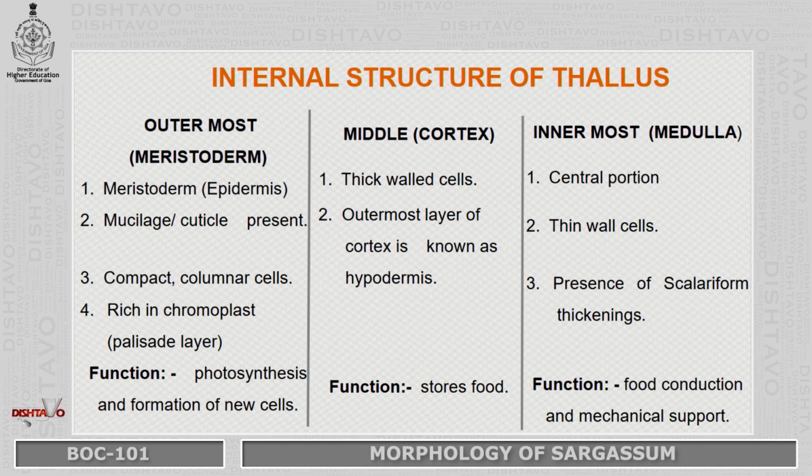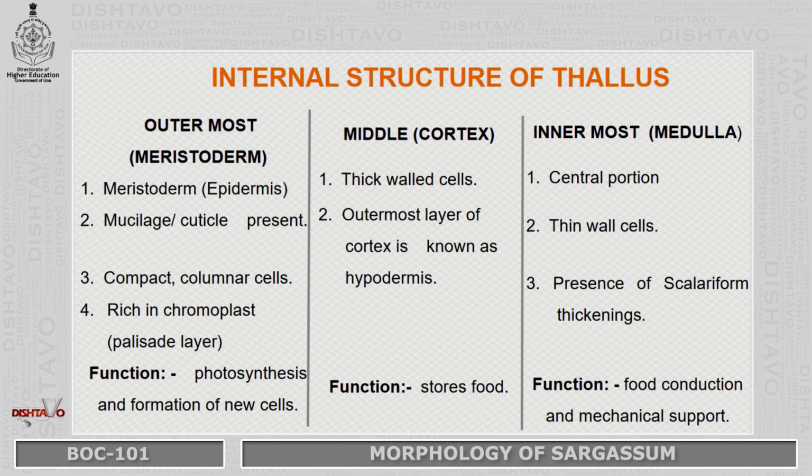Let us see what this outermost layer contains. It is also called the epidermal layer. The outermost meristoderm is called the epidermal layer. They contain mucilage or the cuticle. This cuticle is a waxy layer which makes the plant resistant to any fungal attack.